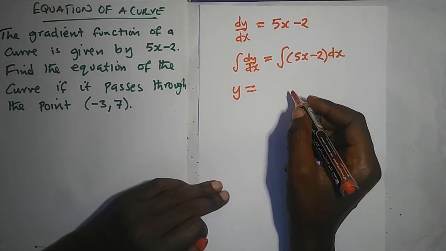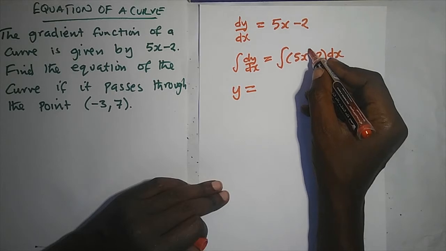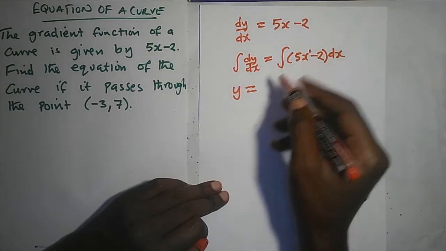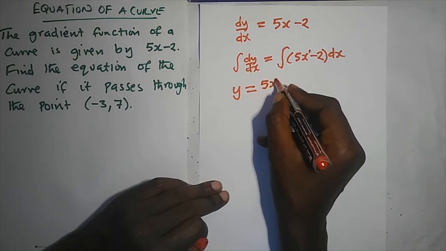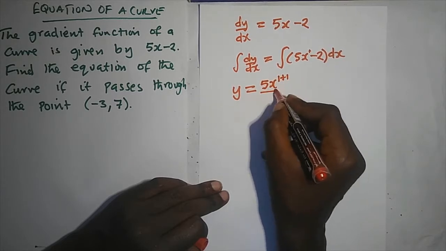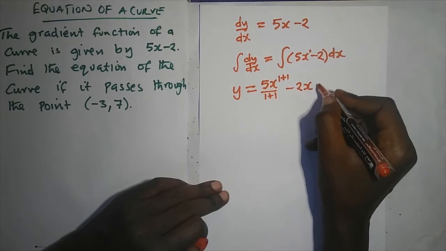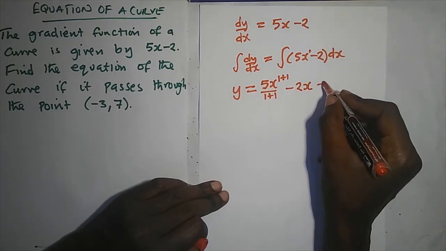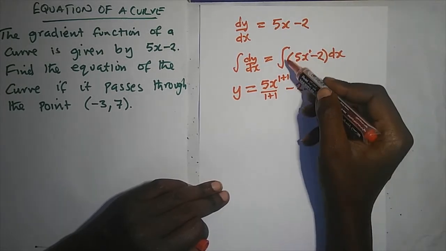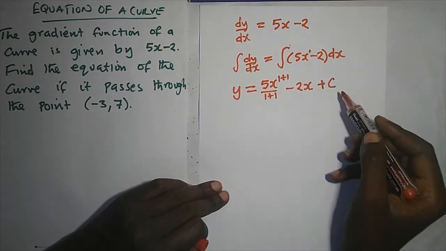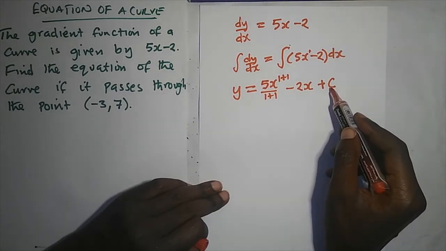And then according to the laws of integration, this x has a power of 1, so you add 1 to the power and you have 5x to the power of 1 plus 1 over 1 plus 1, minus 2x, because it's a constant, so it will have an x, plus c. When you don't have the limits here, always remember to put the constant of integration.